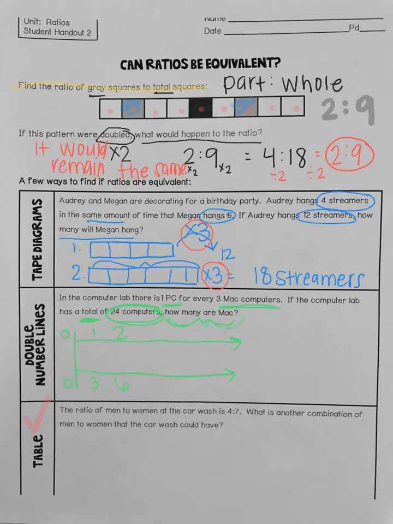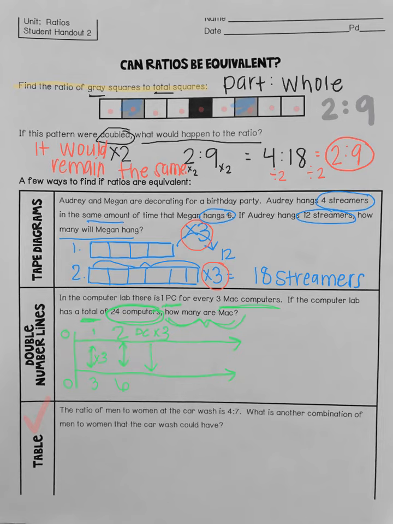Now it asks me if there is a total of 24 computers, how many are Macs? Well, I notice that the difference in my number lines between each set of the factors is it's increasing by 3. So I'm multiplying my number of PCs times 3 in order to get to my amount of Macs.